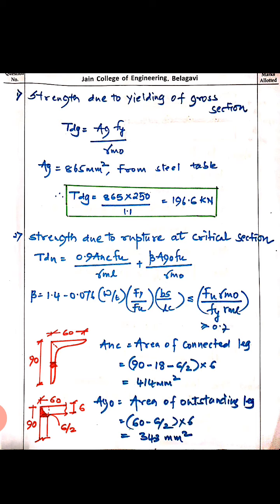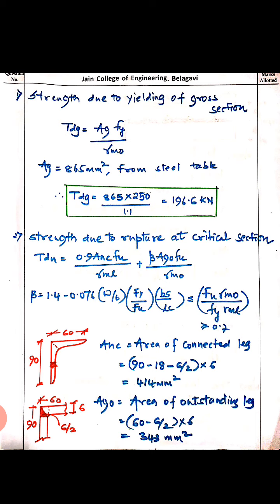So based on that we get TDG, the yielding strength of the gross section, which is 196.6 kilonewton. Next we have to find out the strength due to rupture or fracture at the critical section.